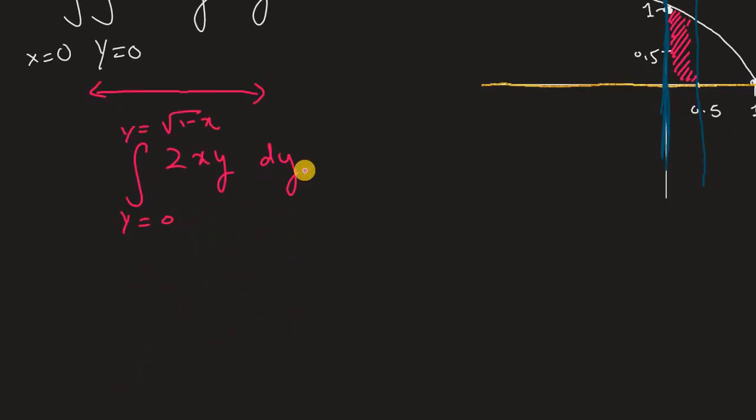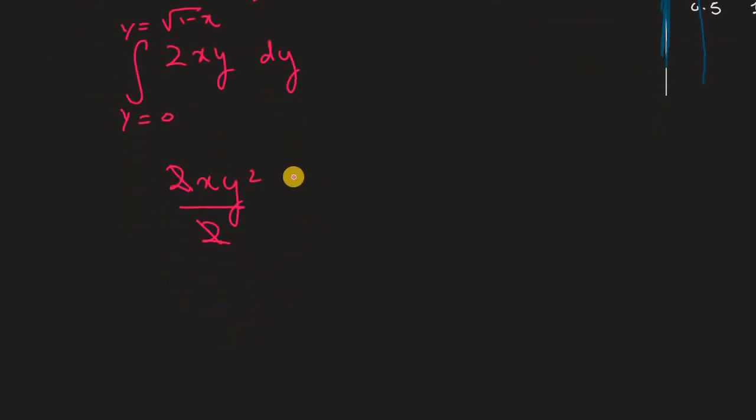We're integrating with respect to dy, which means x is constant here. So we're going to treat it as a constant and put it aside, just like the 2, and then integrate y. That's going to be y squared over 2, and the 2 cancels out, and then we solve from y equals 1 minus x to y equals 0.